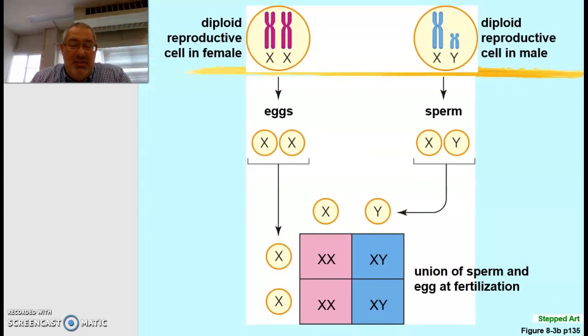A statistician and geneticist by the name of R.A. Fisher came up with the ratio of 50-50 for male and female in a sexually reproducing population. He came up with this back in the early 1930s, I believe.